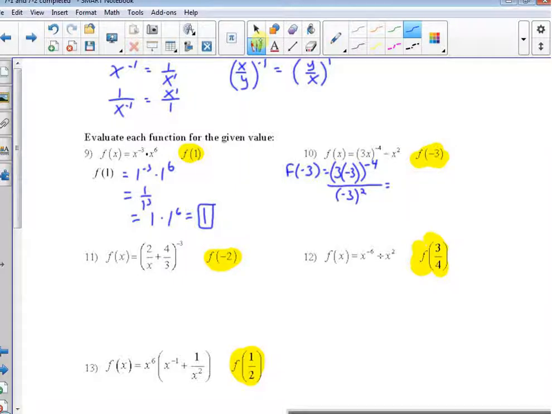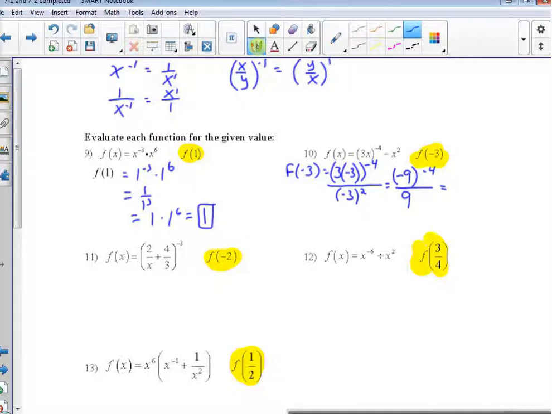Okay, so 3 times negative 3 is negative 27. But I think we can do this. 3 times negative 3 is negative 9. So we get negative 9 to the negative 4 over positive 9. So then what I'm going to do is deal with that negative exponent.